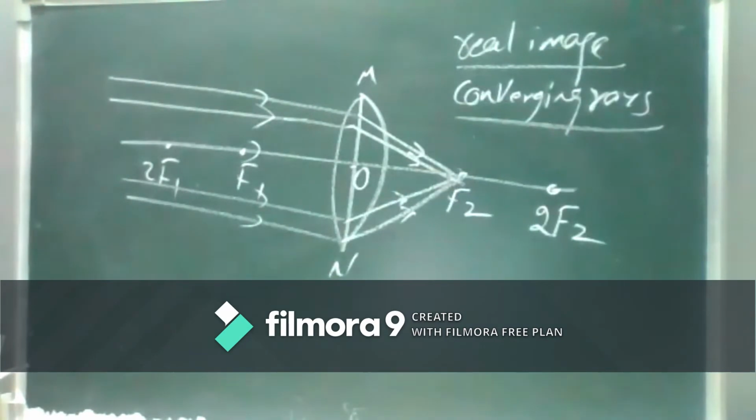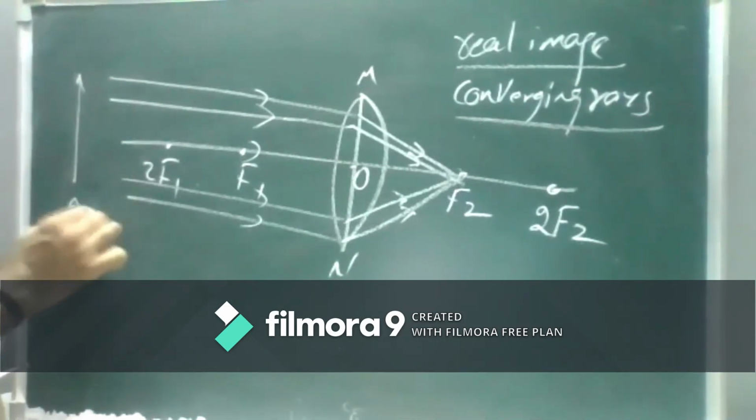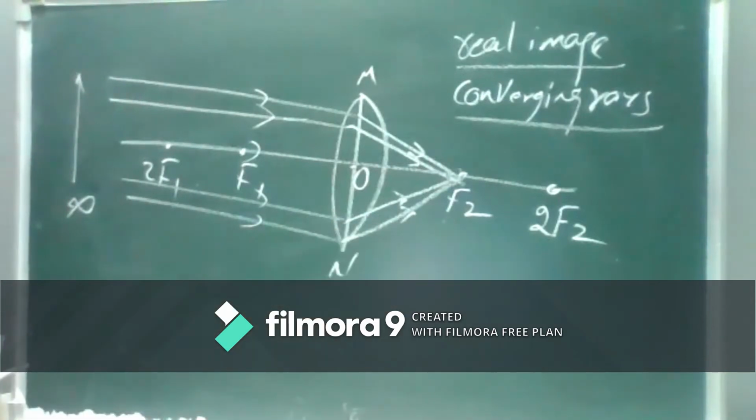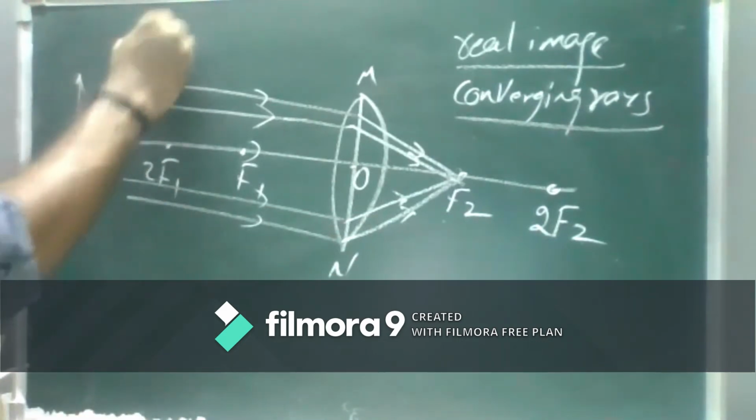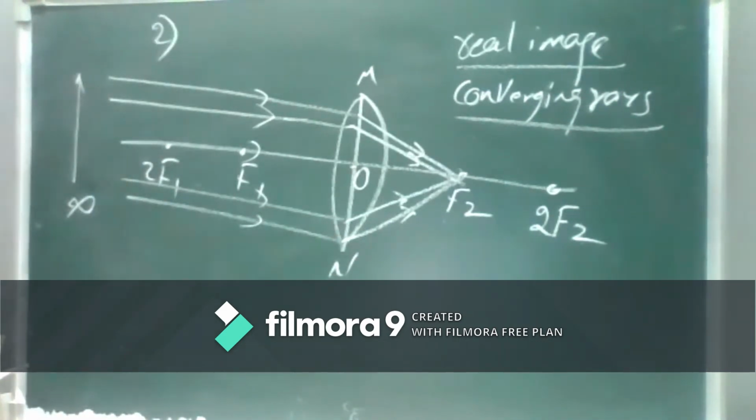This is your first ray diagram for the convex lens, where the object is at infinity location, and the image is formed at the focus. It is point-sized, real and inverted, and very small. Have you noted down the first one? Let's look at the second one, which we already discussed in the last class.